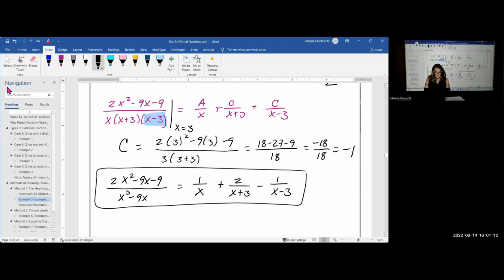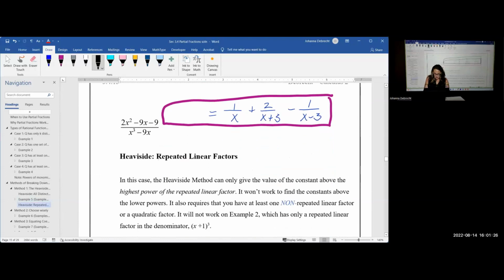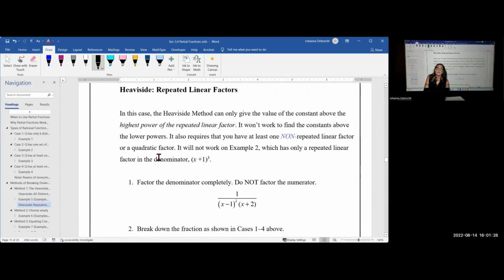Now let's look at the last case where the Heaviside method does work a little bit. The Heaviside method is really best for linear factors that don't repeat. Now, you can use it on repeated linear factors only for the highest power of that repeated factor.